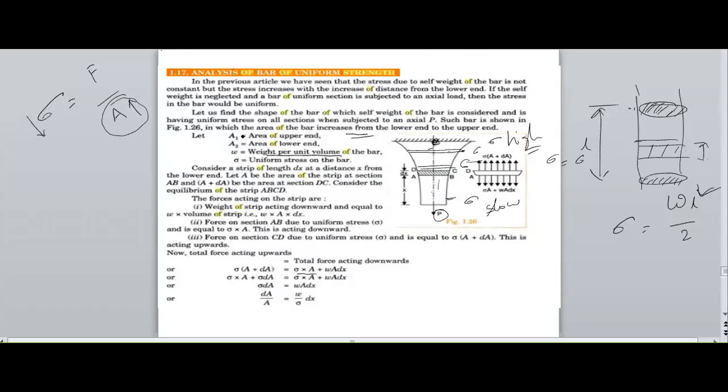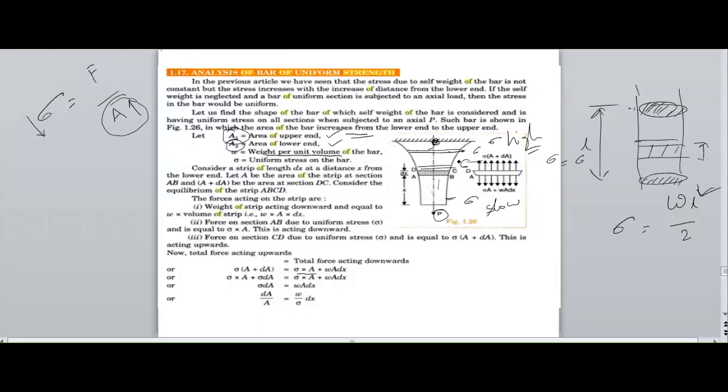Therefore, here we can increase the area, that is, we are taking the area A1 at the upper end and the area A2 at the lower end. That means it will be a varying cross-sectional area.